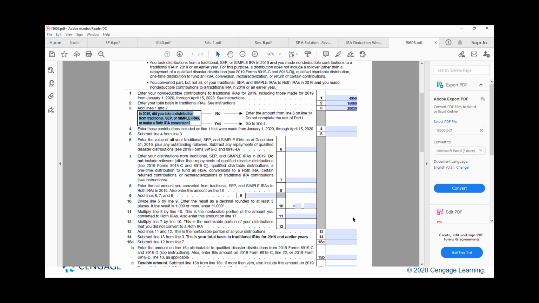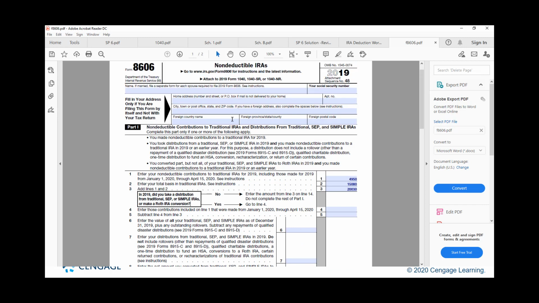We jump down to line 14, input the amount of $20,030, and that's it with this form. Basically, this form is to figure out the amount of non-deductible IRAs we have: for the current year, 4,950, and from previous years it's 15,080. So the total as of the end of the tax year, we have a balance of 20,030.